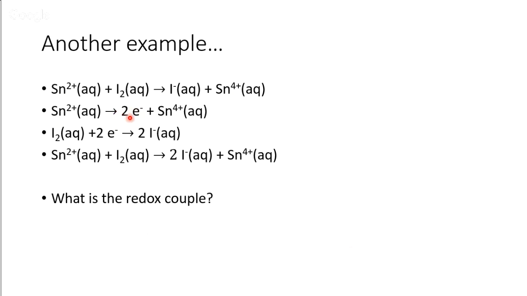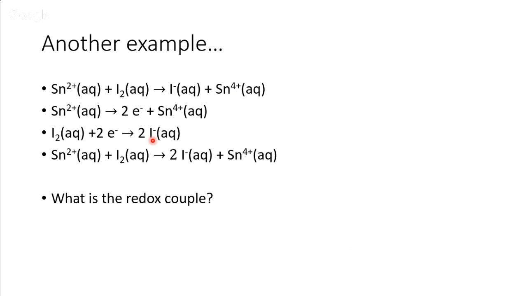This is the oxidation. For iodine, we go from I0, because this is a free element, to I-, or iodide ion. Each iodine then gains 1 electron, and since there are 2 of them, we need 2 electrons here. So we have 2 I-.